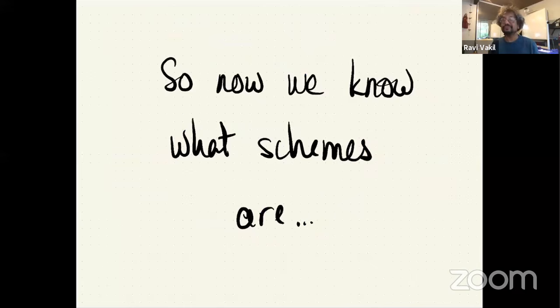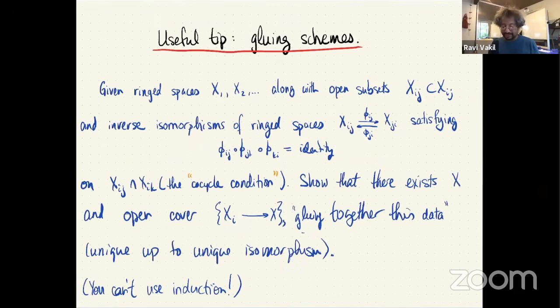Okay, so at this point we fully know what schemes are. We've got the sheaf. We mostly know what varieties are. We know it's a ringed space that locally looks like something that we've made friends with. And so one useful tip for gluing schemes, which I will leave partially as an exercise, but I will give you most of the idea right now, is this: how do you build a scheme? Like how do you build a manifold?